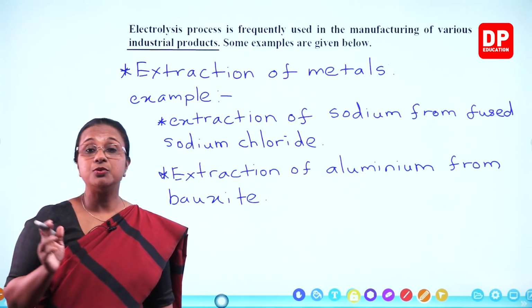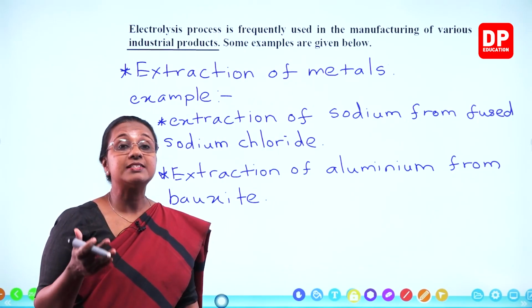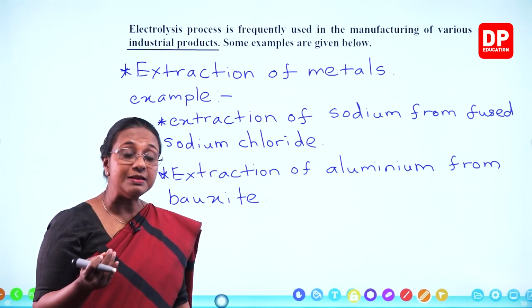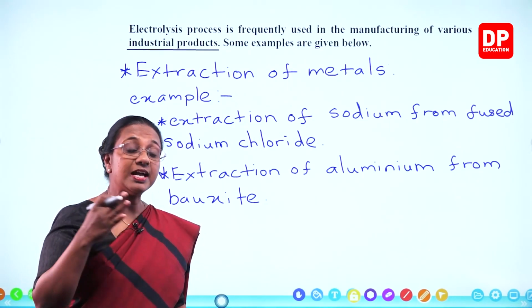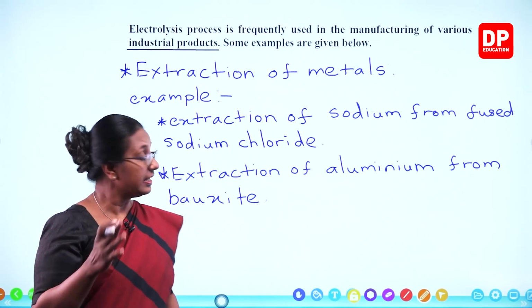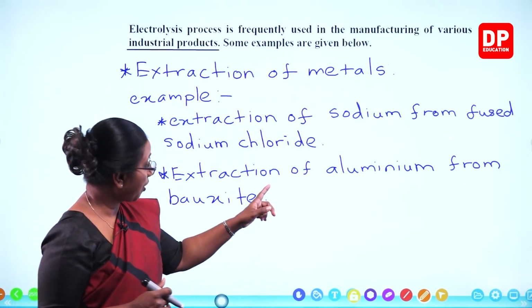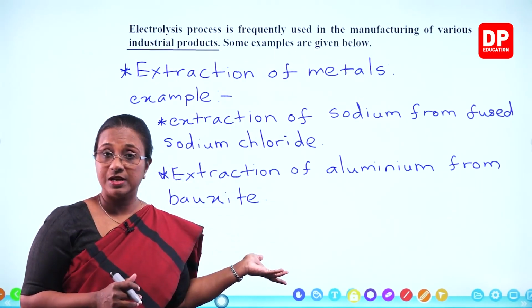You are familiar with ore, students. When we discuss extraction of iron, we discuss hematite. That is a mineral where a particular element is present in higher percentage. So hematite is an ore of iron. The same way bauxite is an ore of aluminium. From bauxite we can extract aluminium using electrolysis.